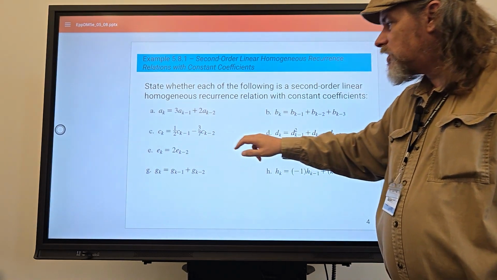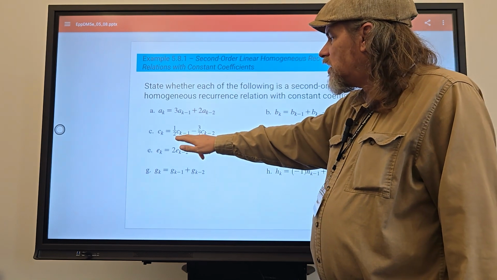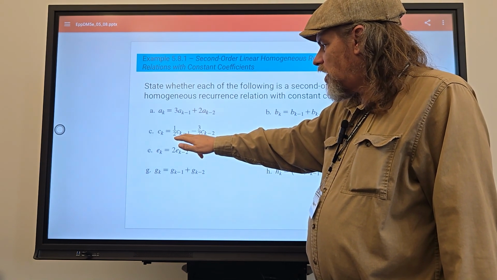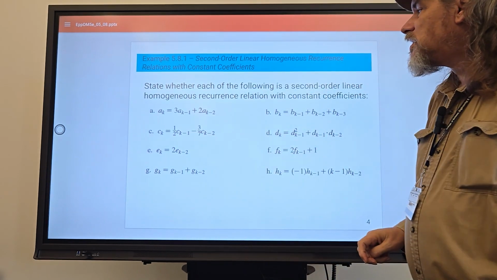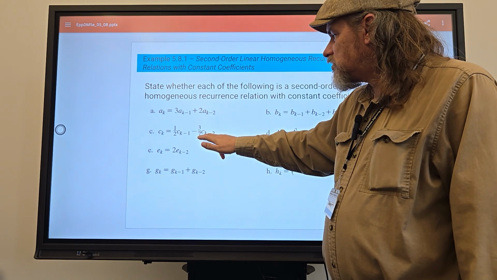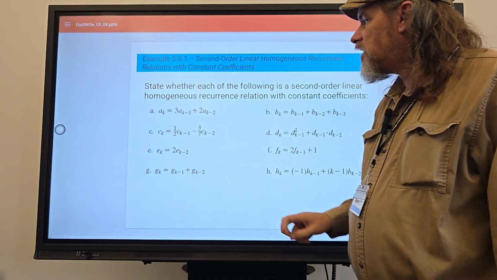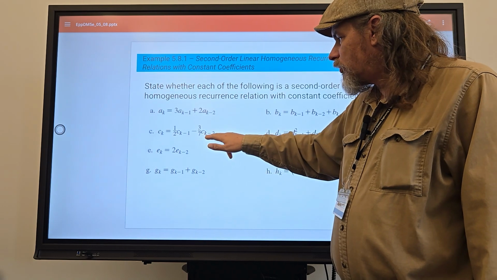Here we have rational numbers, which are real numbers. So the coefficients A and B are 1/2 and minus 3/7, and the c sub k minus 1 and c sub k minus 2 are both present.